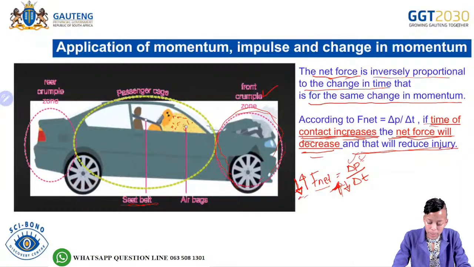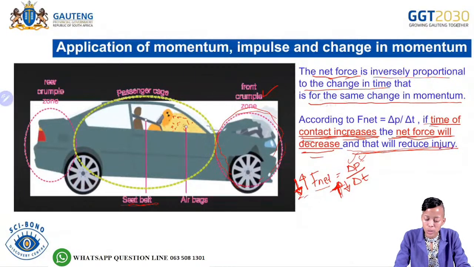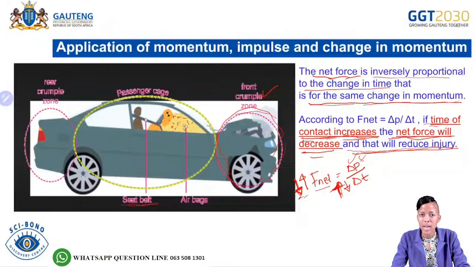So if the seat belt increases the time of contact, then the net force will do what? The net force will decrease. If the net force decreases, that will reduce the injuries, and that is for what? For the same change in what? In momentum.